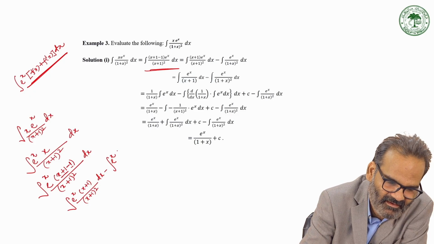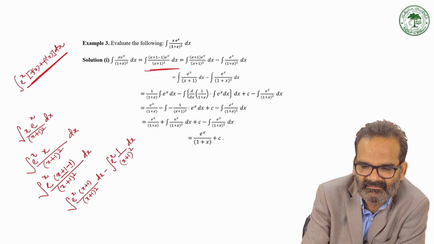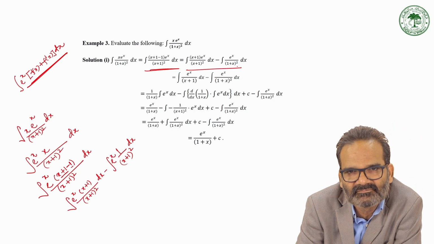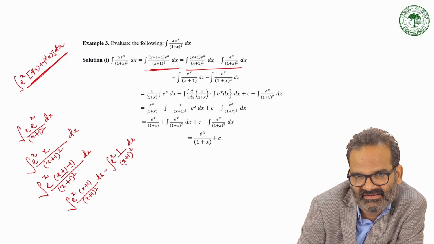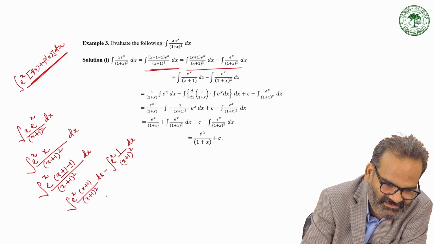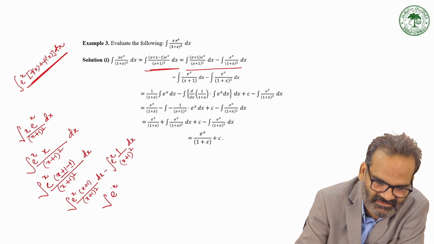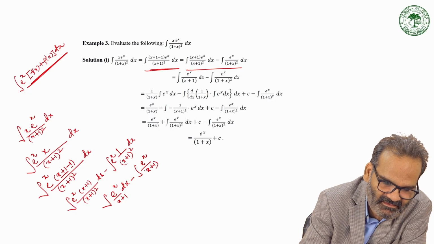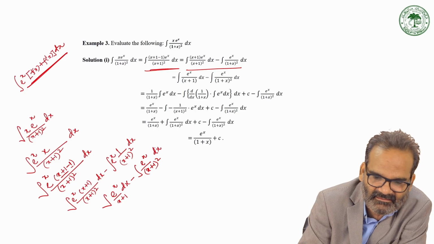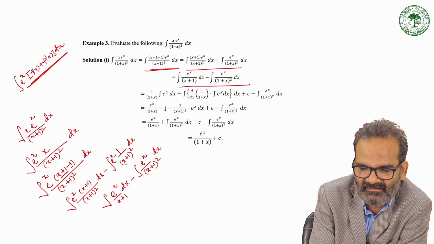Minus 1 upon (x plus 1) its power 2, dx, right? Now x plus 1 will be cancelled out with x plus 1 power. So what we will get here, e raised to the power x divided by (x plus 1) dx minus, it will remain as it is, e raised to the power x upon (x plus 1) power 2 dx, right? So we reached here.